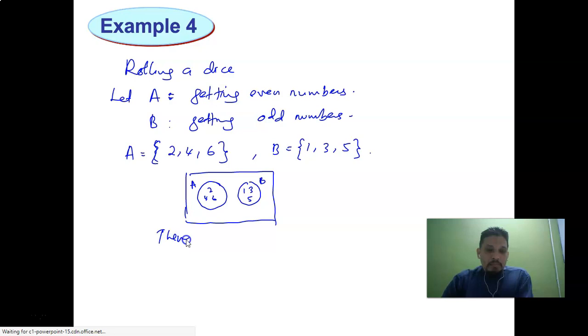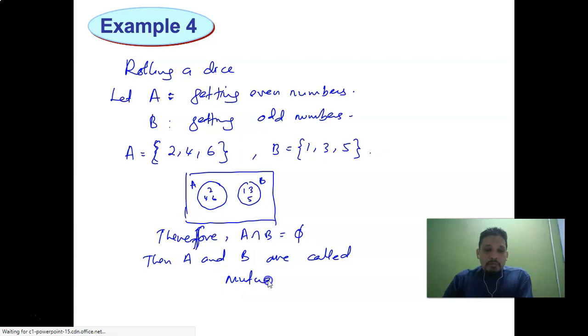So then, therefore, A intersect B is a null set. Then A and B are called mutually exclusive.